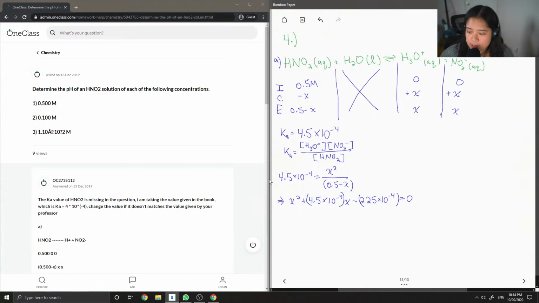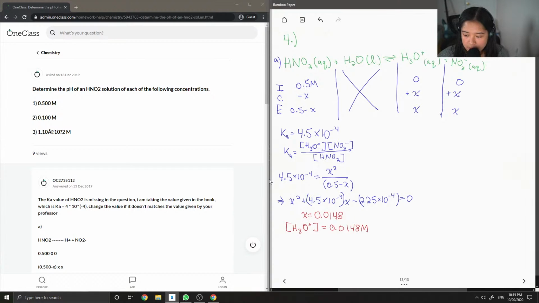But once you calculate what x is, just look at the positive value and you end up with an x value of 0.0148. So from there, the concentration of H3O plus is equal to 0.0148 moles per liter.